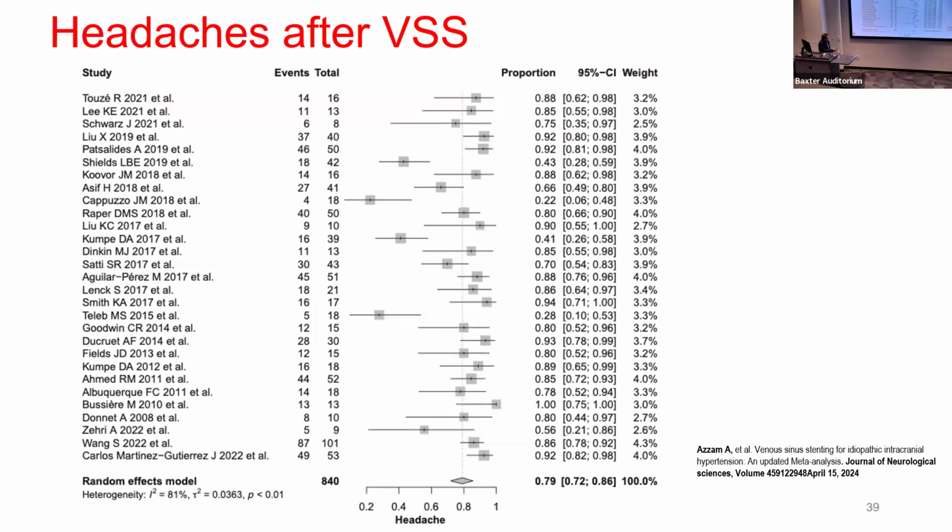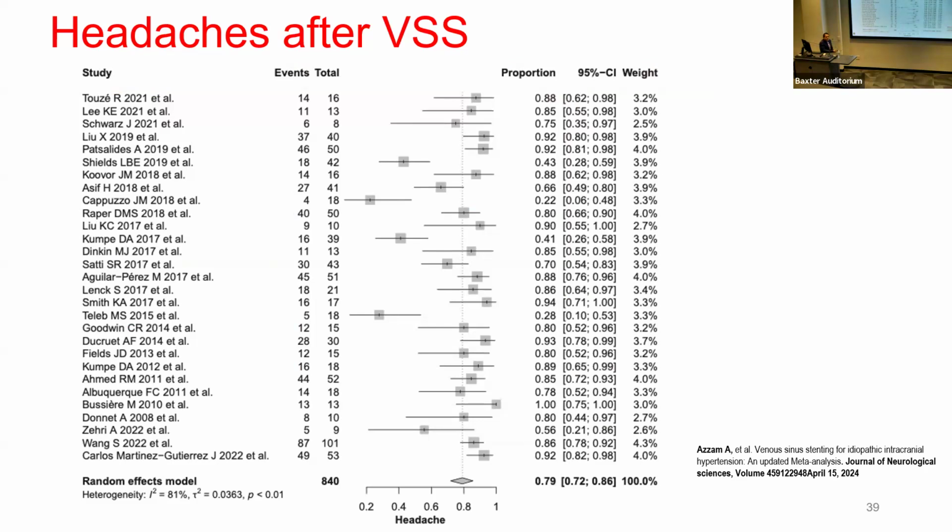Headaches. This is a review saying that it's probably similar in studies but less effective. Here I mentioned about 80%, but probably it's less. When we usually consent these patients for venous stenting, what's our outcome? Most of it is basically papilledema improvement.